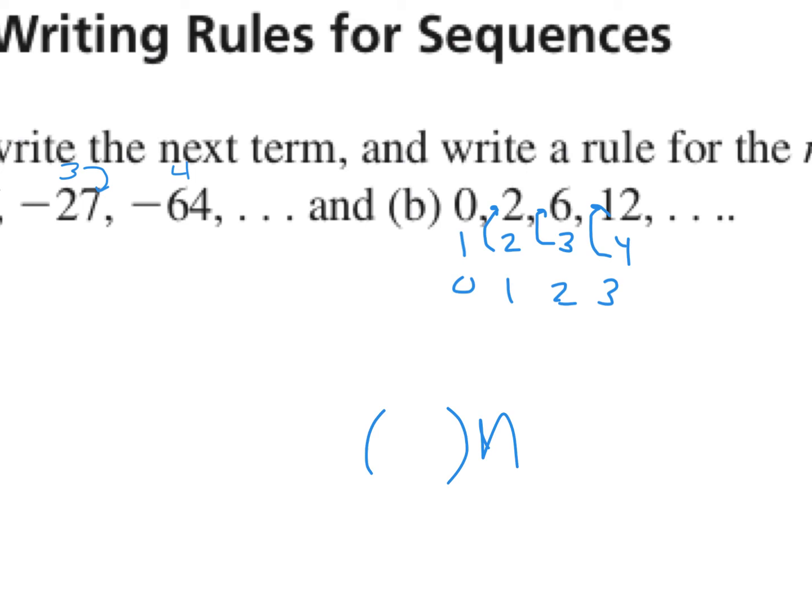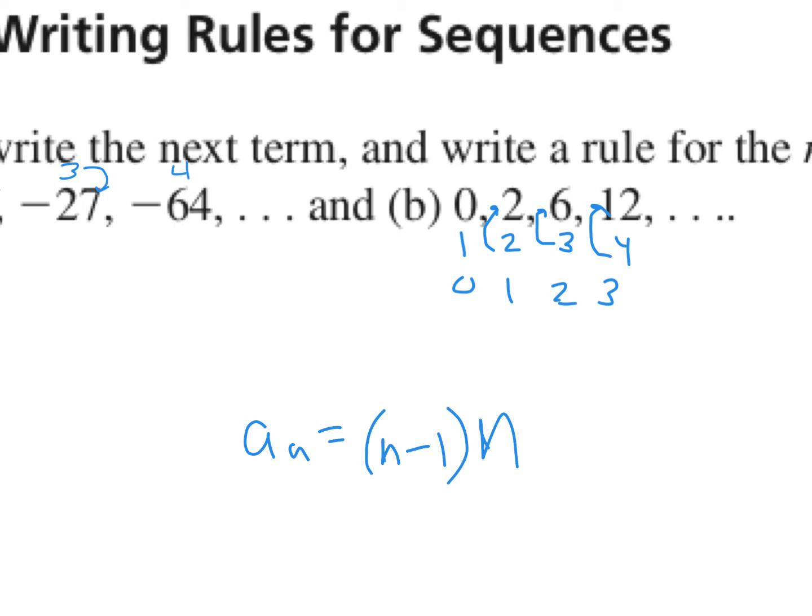How could we put that in math terms? 1 less than n. Minus. N minus 1. Times n. Oh, thanks. So this would be a sub n is equal to n minus 1 times n.